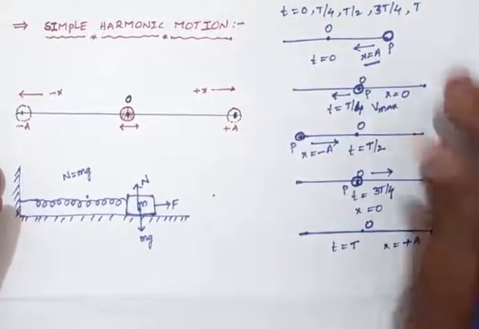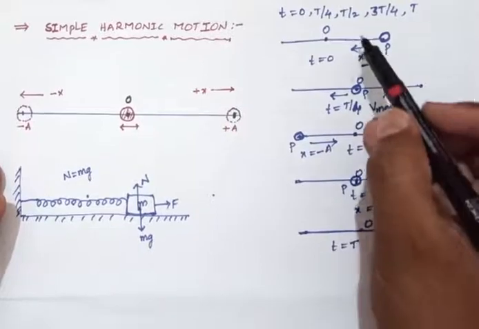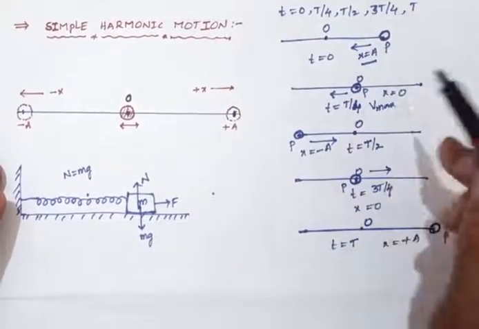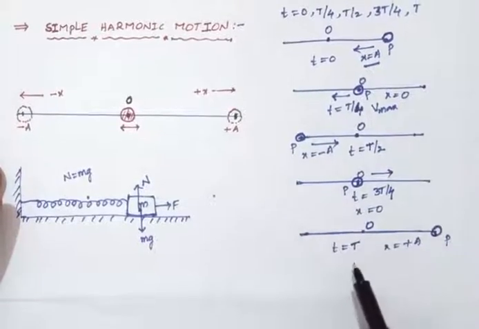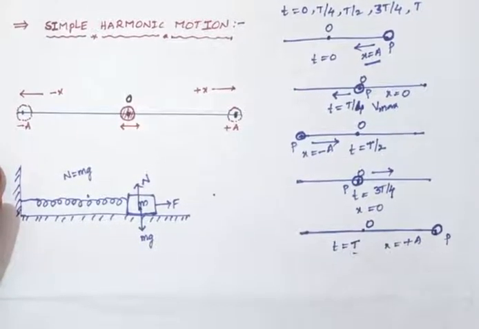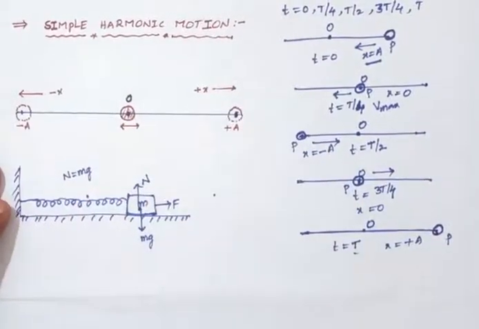This is called a complete oscillation or complete vibration. The time taken for one complete vibration is the time period. So this is simple harmonic motion.